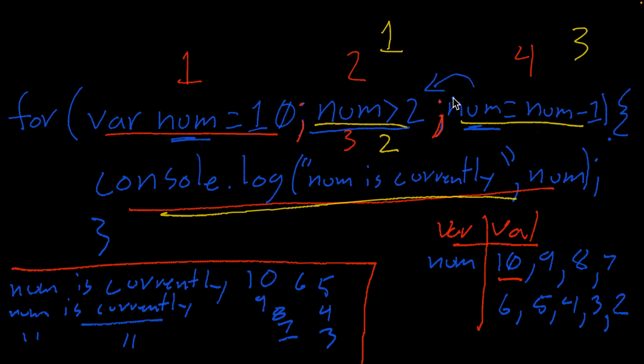Once that no longer qualifies, we no longer enter the do something section, and we exit the for loop completely. This is the way we've started the for loop from 10, and now we're decreasing. So we can increase in a for loop, and we can also decrease in a for loop.